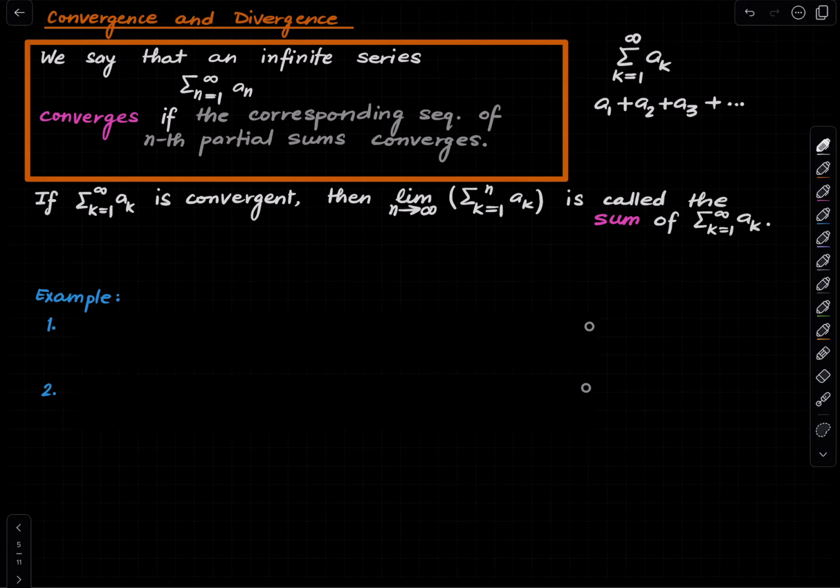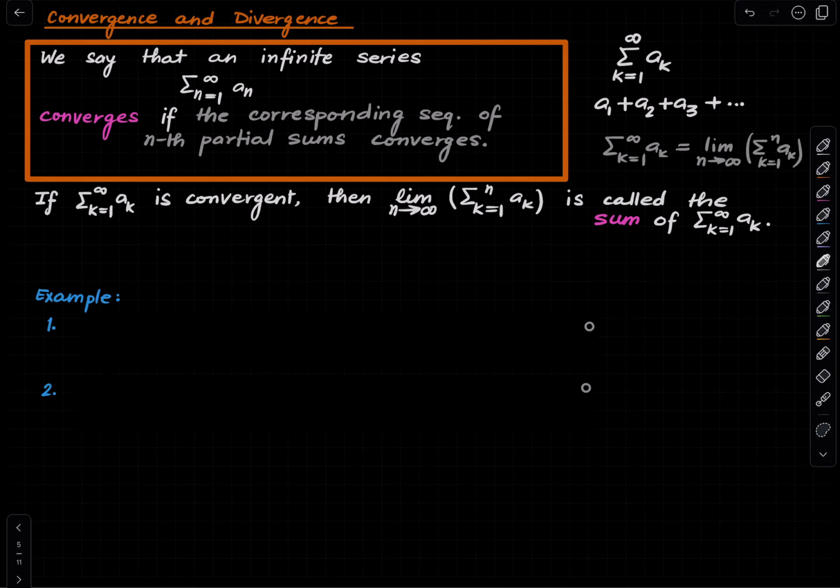Just some name. Of course, this is an obvious name. Whatever this limit is, if it exists, is called the sum of this series, and we in fact even write this symbol equal to that. In that case, we just write that this thing is equal to whatever this limit is.